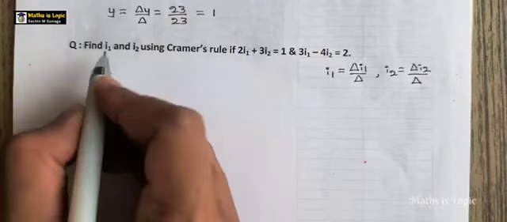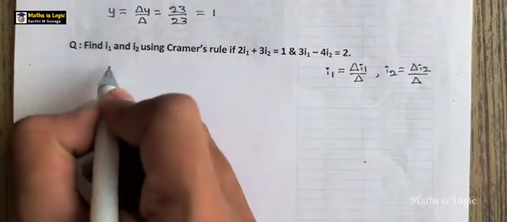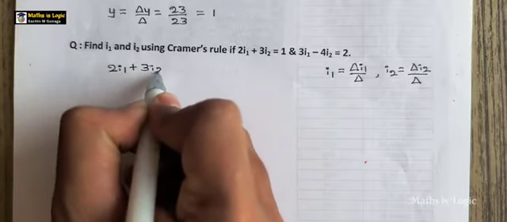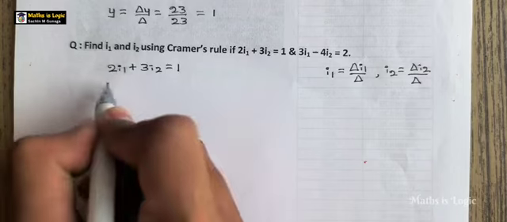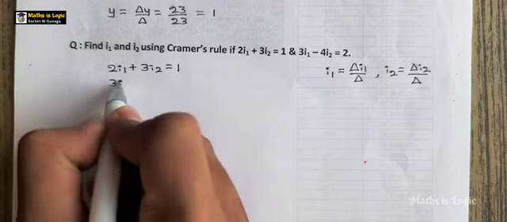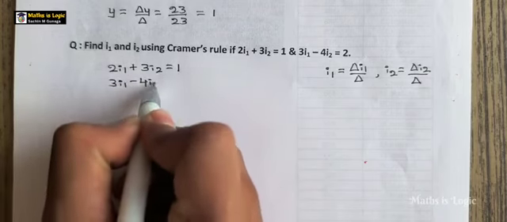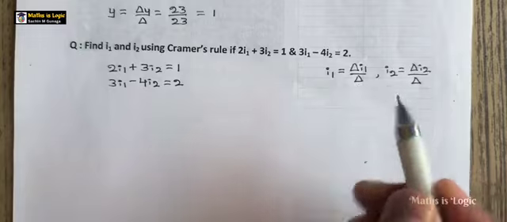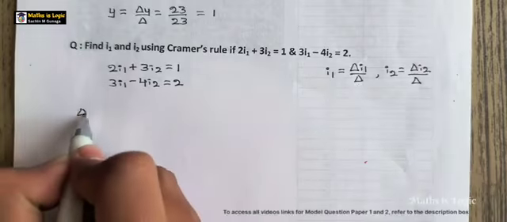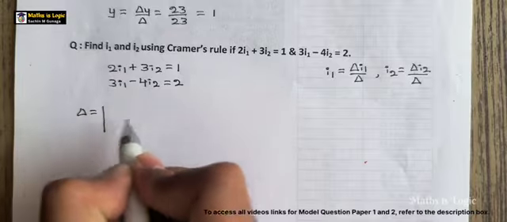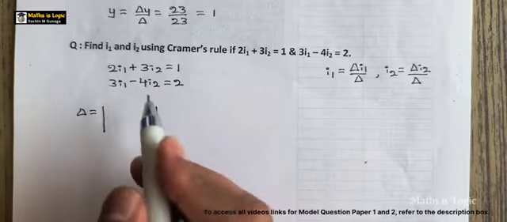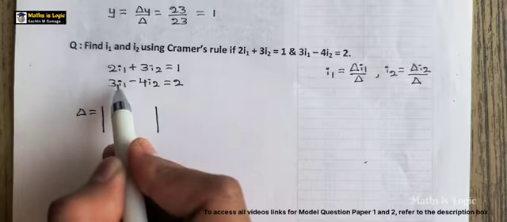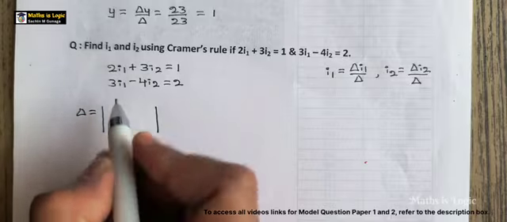So now consider the first equation. So that is 2I1 plus 3I2 is equals to 1. Second equation is 3I1 minus 4I2 is equals to 2. First, as usual, delta value. So delta is equals to, what we need to do to get this delta value, take the coefficient of I1 in equation number 1 and 2, write it as a first column.